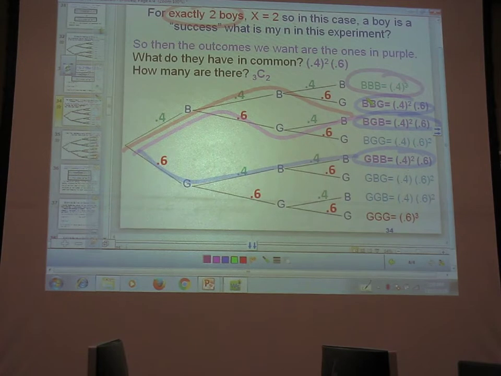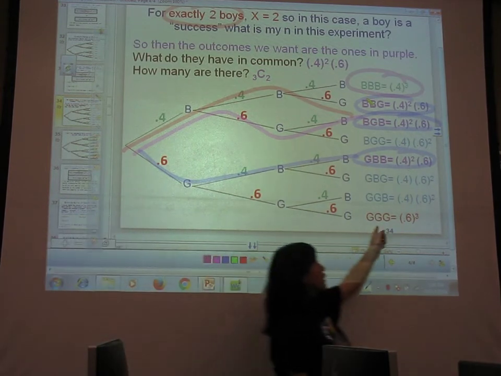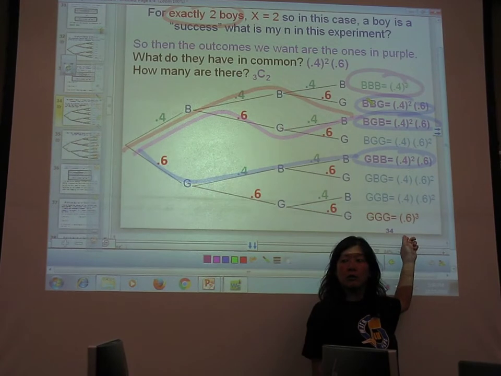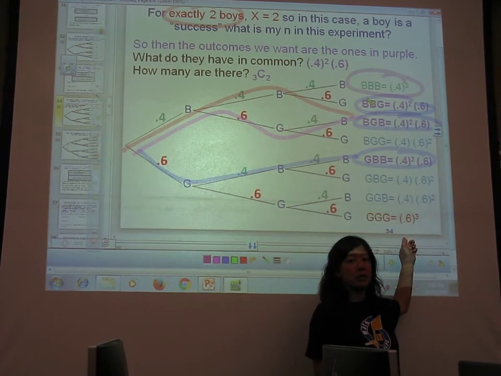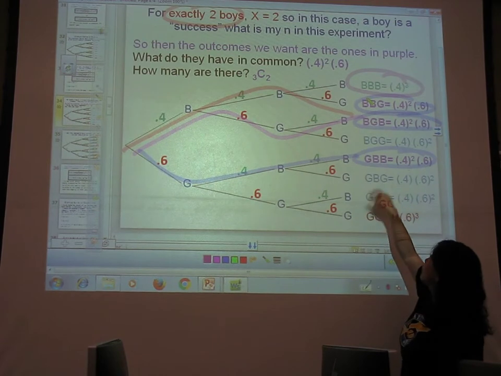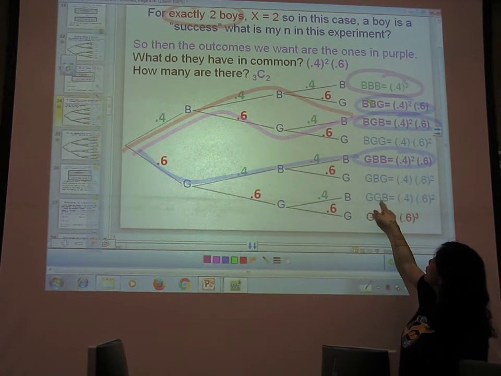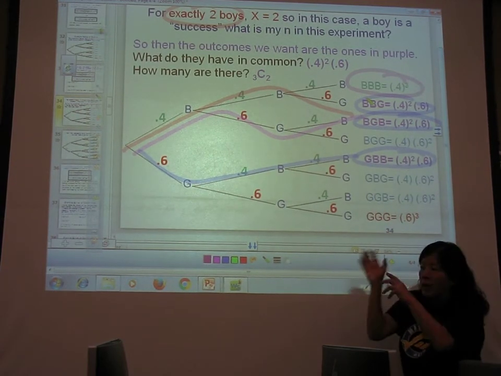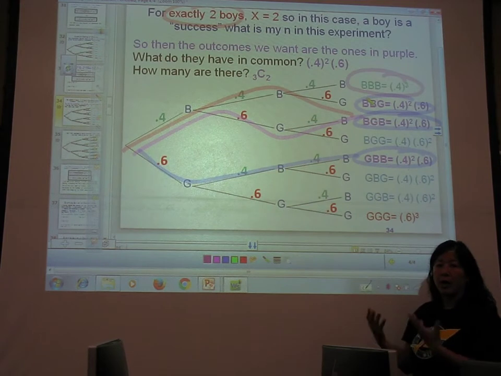That's when we have to mix and match that we have to go to this binomial, because we don't know where the boy is, or the girl is, you know what I'm saying? Or if it's girl, girl, girl, again, that's really easy because there's only one way of doing that. Girl times girl times girl, right? 0.6 times 0.6 times 0.6. It's when we have this mixed up, some boys and some girls, we have to do the binomial because we can't just say girl, girl, boy, because it could be girl, boy, girl, or it could be boy, girl, girl, and we have to figure out how many of them there are and add them all up.